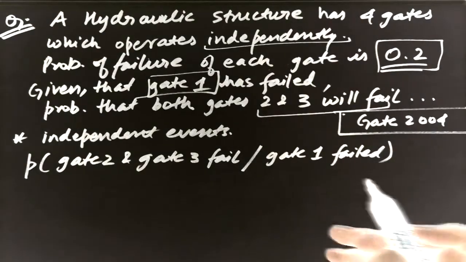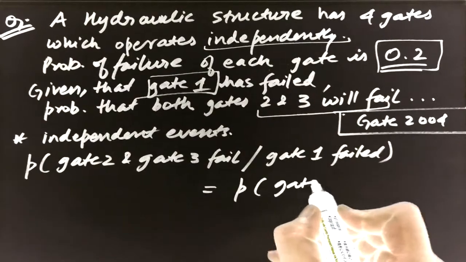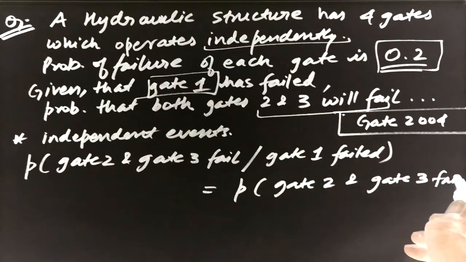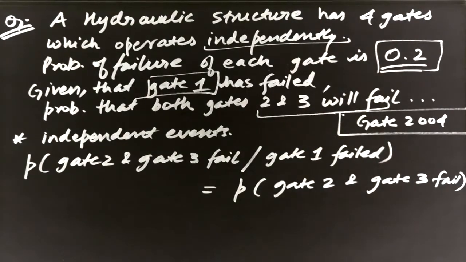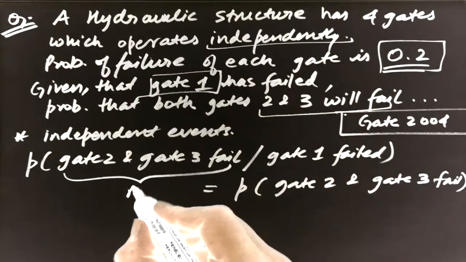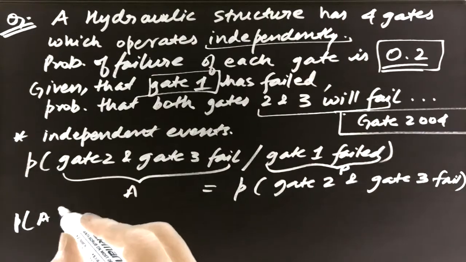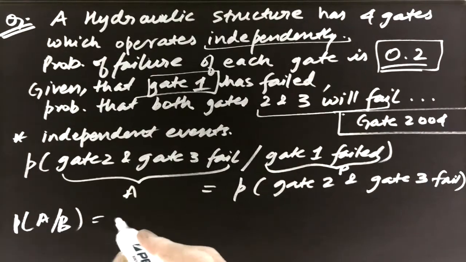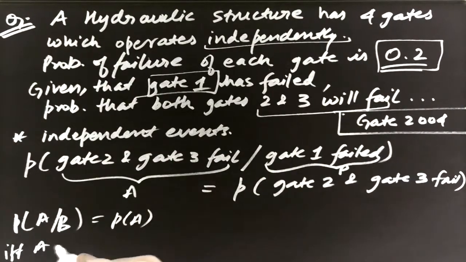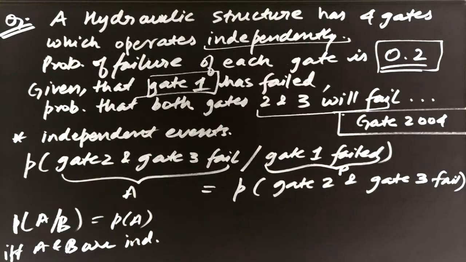Since it is an independent event, this will be equal to probability of gate 2 and gate 3 fail. It is just like it is written over here, A and this is B. So probability of A conditional B is equal to probability of A if A and B are independent.